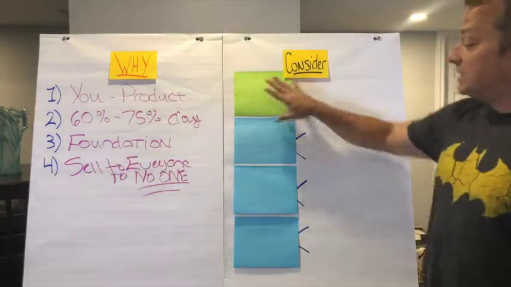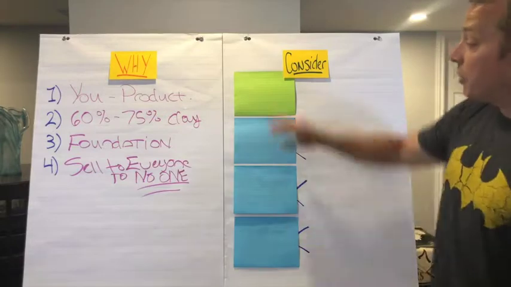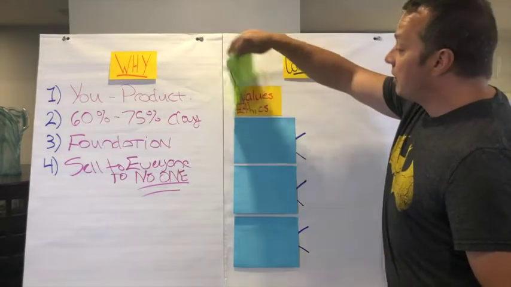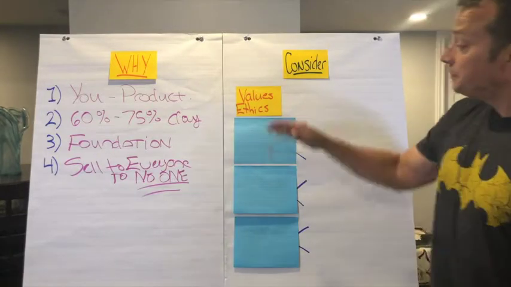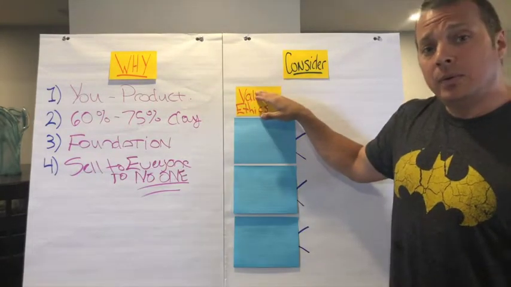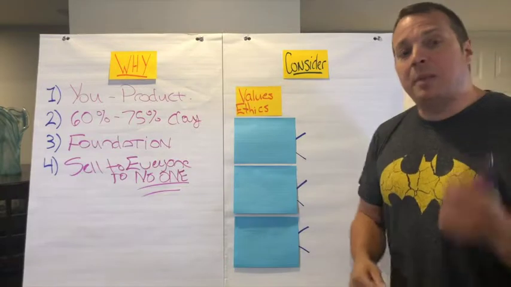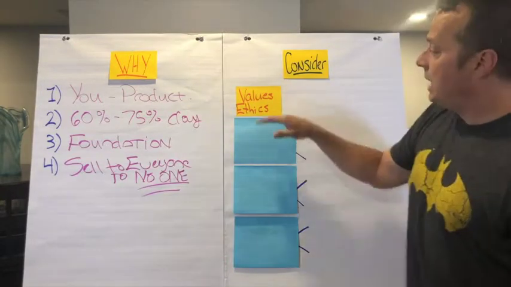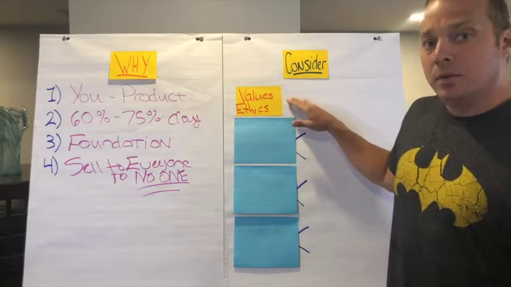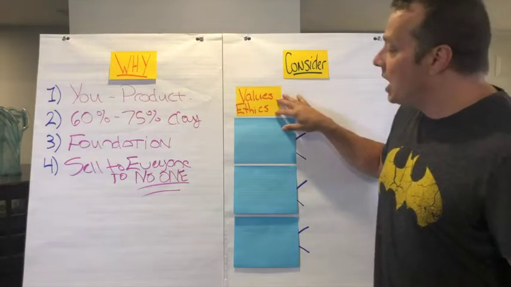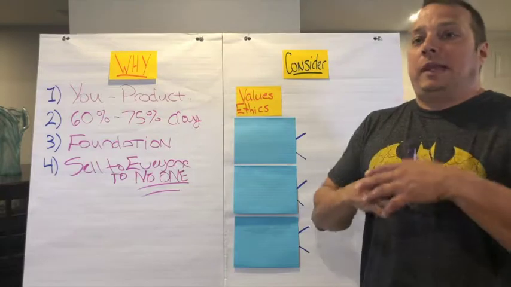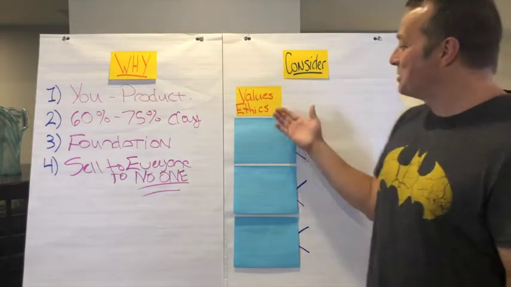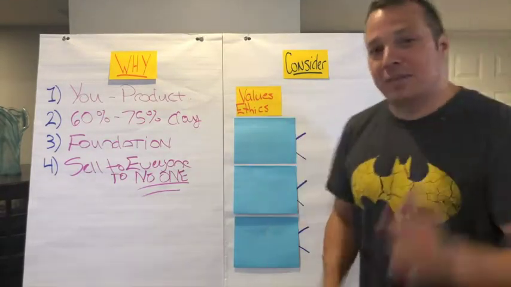Because when we're talking about our customer profile, the first thing I want to consider, obviously, is the prospect's values and ethics, right? What do they value? Ethically, what type of people are they? Okay, let's do it like this.